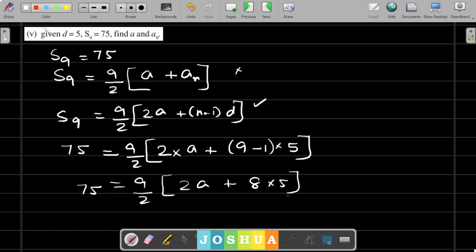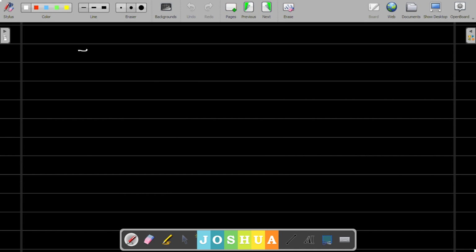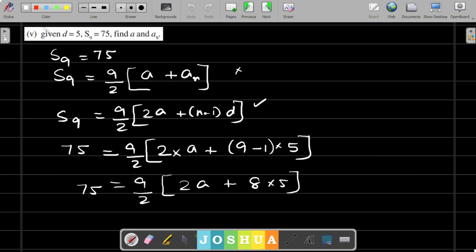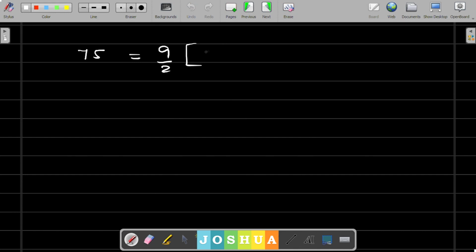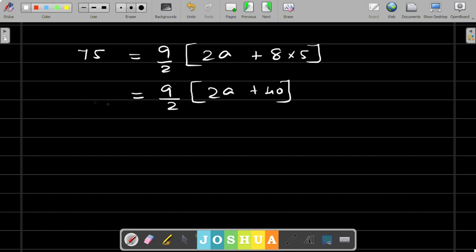I'm coming to the next page, since I need space here. So 75 is equal to 9 upon 2 times 2a plus 8 times 5. So in this case it is 9 by 2 times 2a plus 40, that is equal to 75.